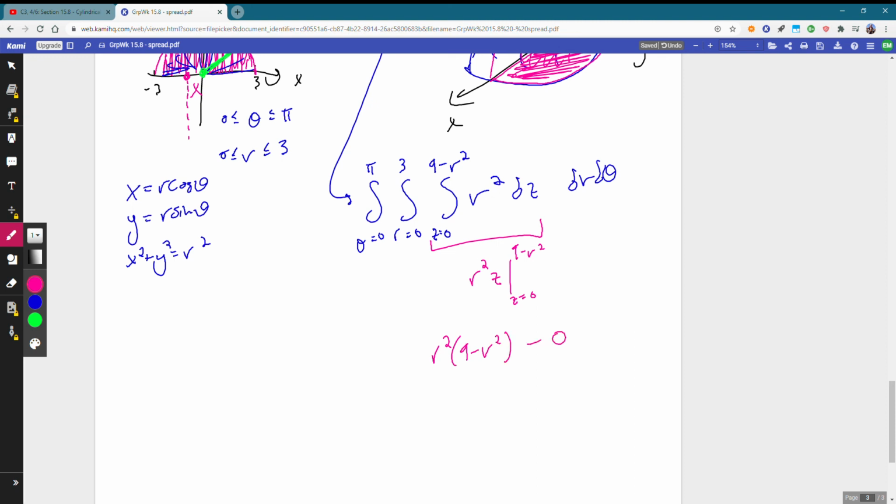Plugging in z equals 0, we get 0. And so it's going to be cleanest to distribute this to get 9r squared minus r to the 4th. And so our integral here becomes the integral from r equals 0 to 3 and theta from 0 to pi, dr d theta.